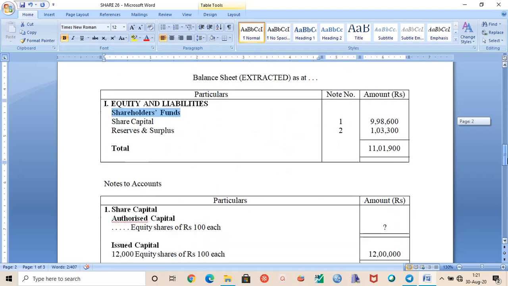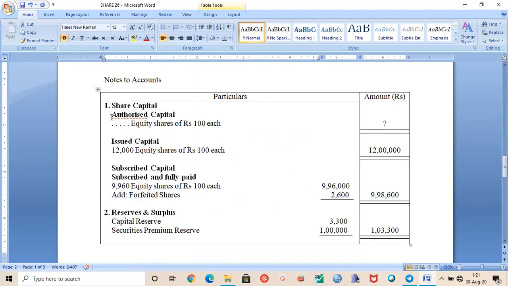Let us go to notes to accounts. Now in notes to accounts you can see number 1 share capital, and it has three categories: authorized capital, issued capital, and subscribed capital. Authorized capital, we don't know what is the authorized number of shares, so we just write a question mark, or in place of the question mark you can give any kind of sign, just give a dash or whatever you want.